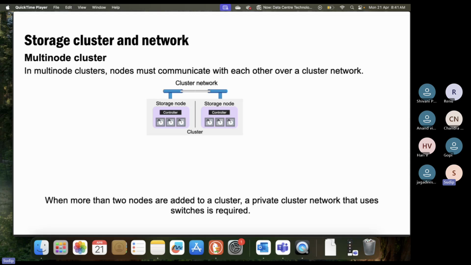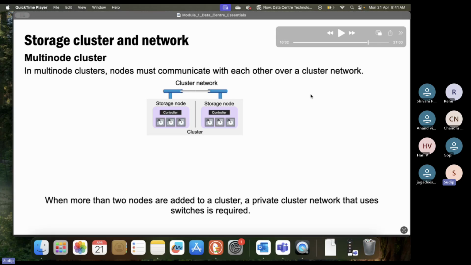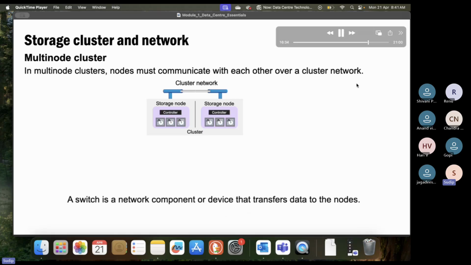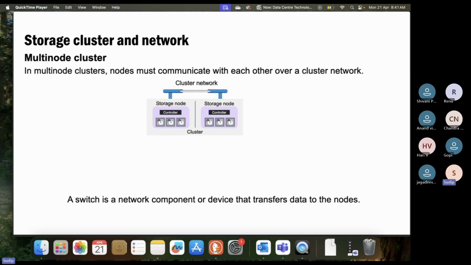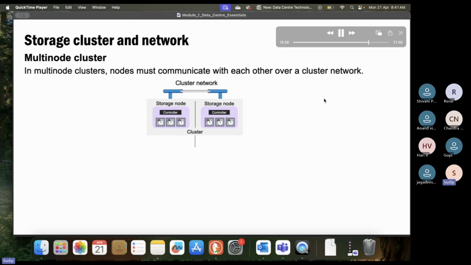Here it will not even be in milliseconds, it will be in nanoseconds. Within a few nanoseconds data packets get transferred from one controller to another. That will be the characteristic of such a network. Sometimes there is a dedicated switch that comes in between.